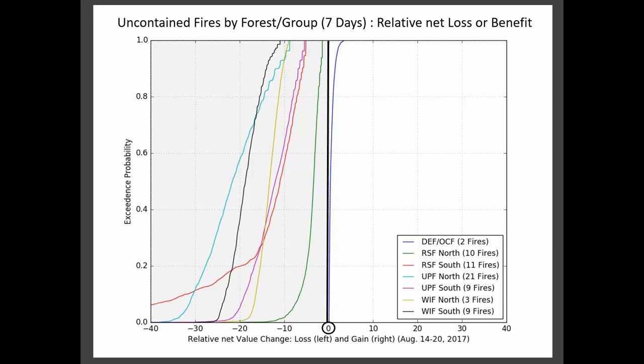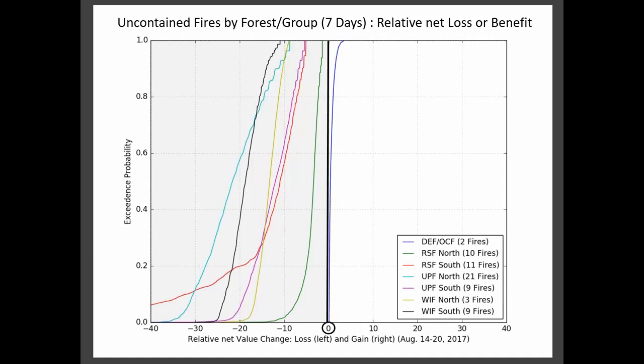So we grouped these, the Umpqua the same way, north and south, and the Willamette north and south. And so if you're looking at this exceedance probability curve, you would say, all right, if we were utilizing these EP curves to inform the prioritization, the fires on the Chutes in Ochoco look pretty promising the next 7 days.